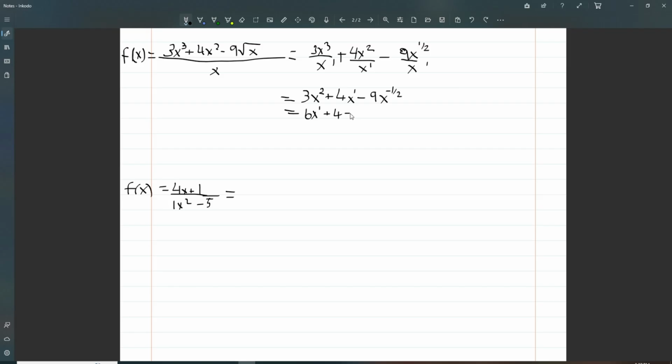Okay. Minus 9 times negative 1 over 2. That's going to be negative 9 over 2, but we don't want to write 2 minuses. Well, 2 minuses make a positive, so we're just going to rewrite this as just a positive. So we'll just leave 9 over 2x.